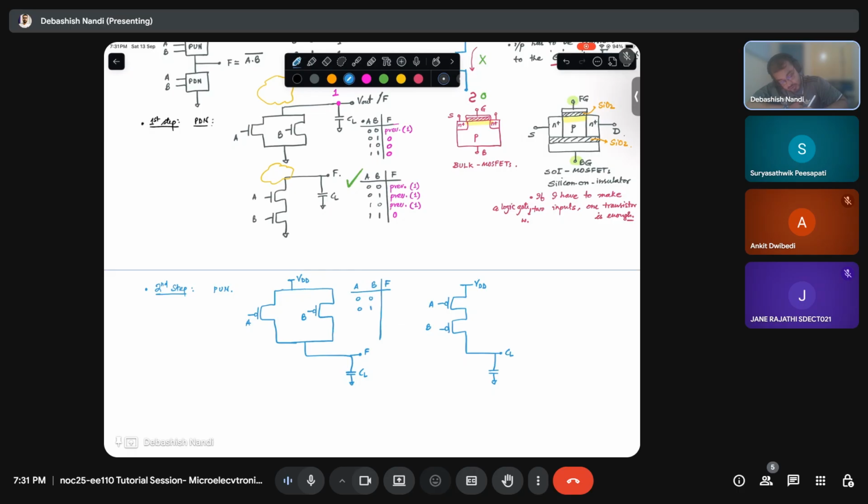0, 0, 0, 0, 1, 1, 0, 1, 1. F in place of AB is equal to 0. You have written 0 in place of A. In which case?